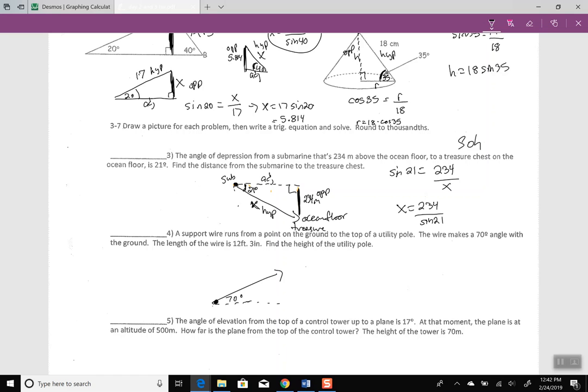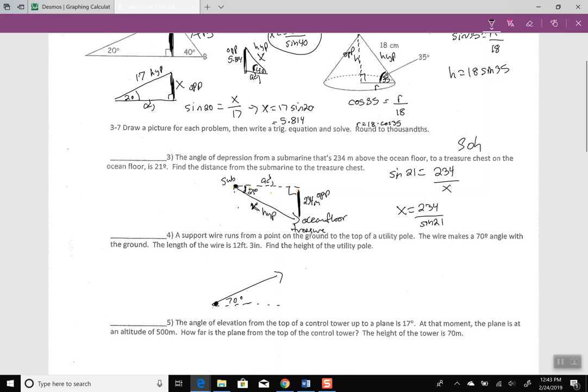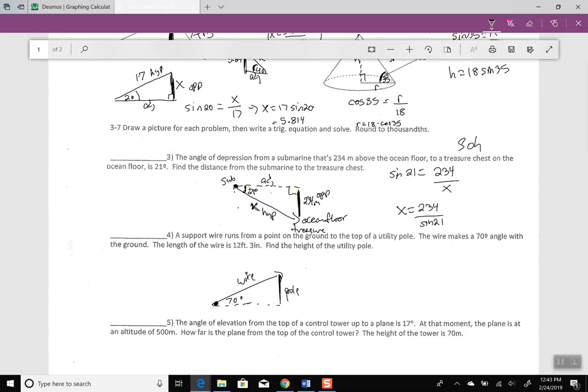So what else? A support wire runs from the point on the ground to the top of a utility pole. So we know that there's some sort of pole here, and this is the wire. The wire makes a 70-degree angle. The length of the wire is 12 feet and 3 inches. Well, let's make this all the same units.